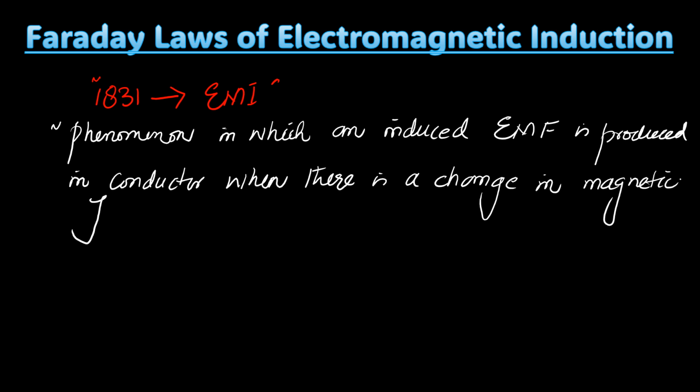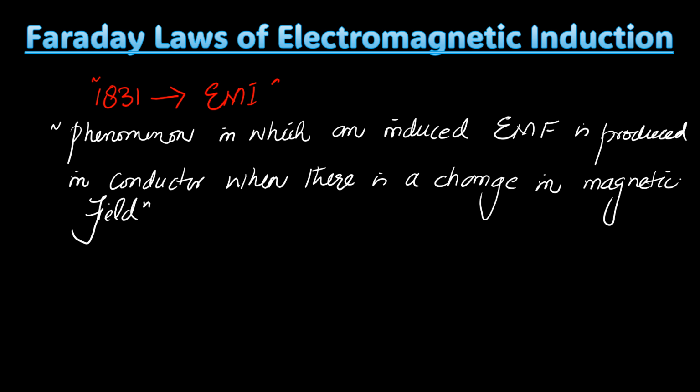If I simply explain, electromagnetic induction is a process whereby, whenever there is a change in magnetic field near the conductor, there will be a production of an electromotive force in the conductor.